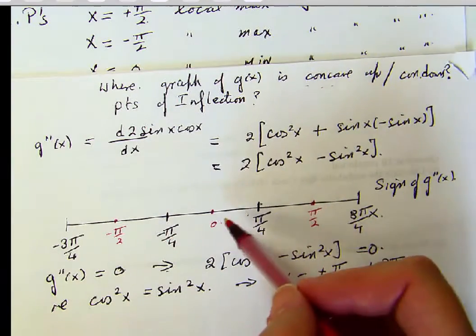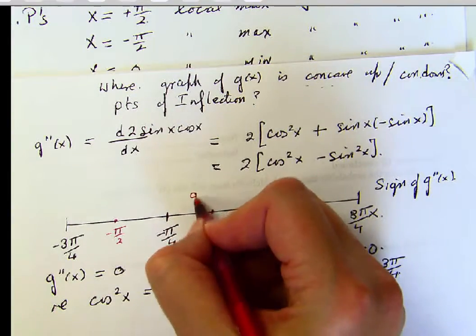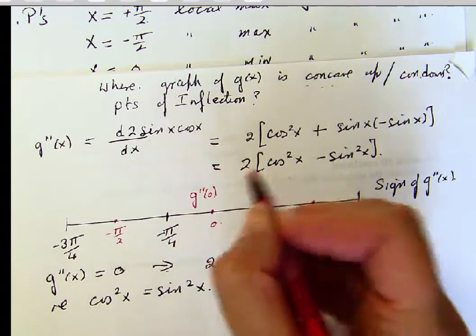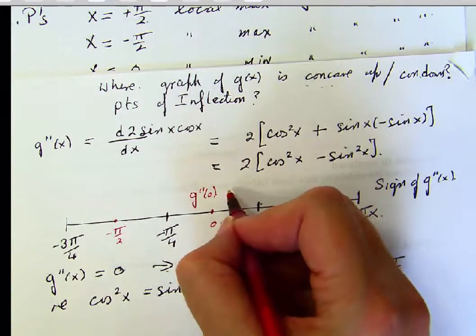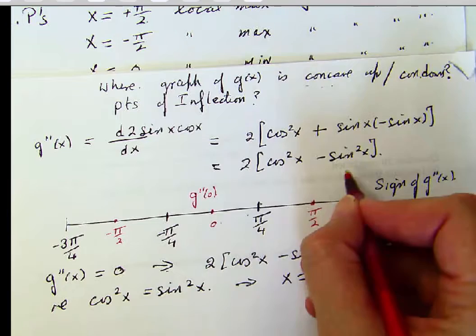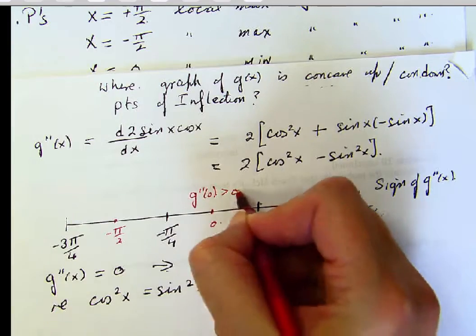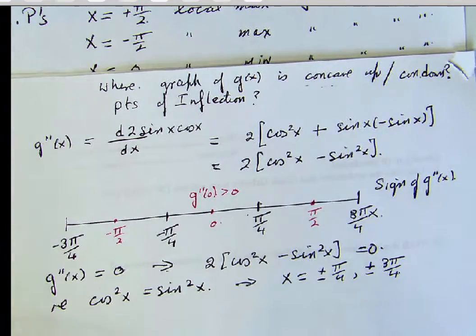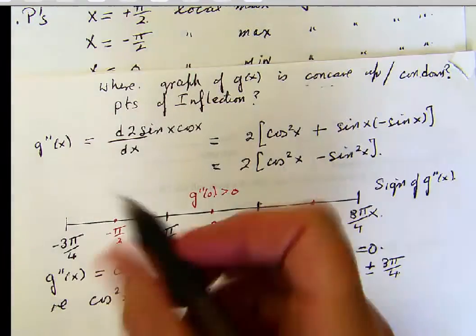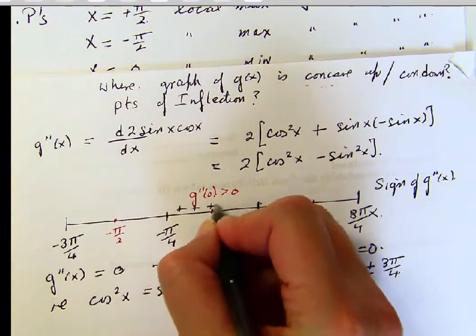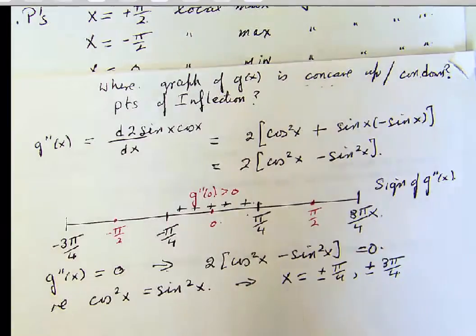And so g double prime of 0 is 2 times cosine squared of 0. Sine squared of 0 is 0, so this is 2, which is greater than 0. So that tells us that g double prime is positive on this interval.